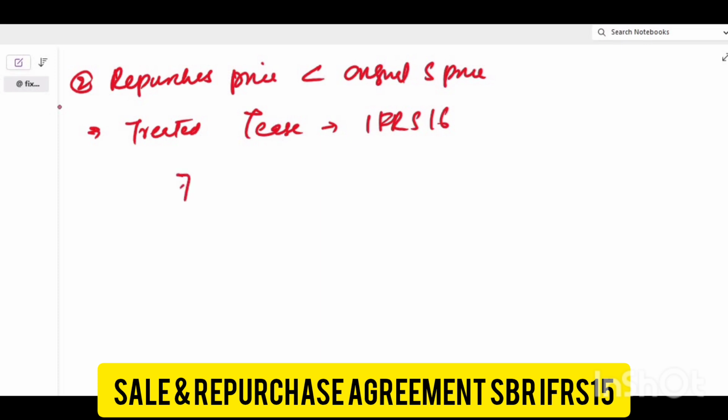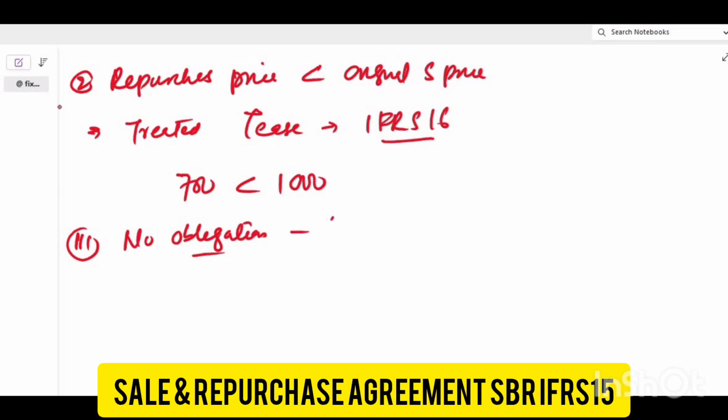For example, this is the repurchase price which is less than 1,000. It means this sort of arrangement is a lease arrangement, and you have to account for it using IFRS 16. And the third case is if there is no obligation. This means that you are selling with the right to return. Clear? Okay.